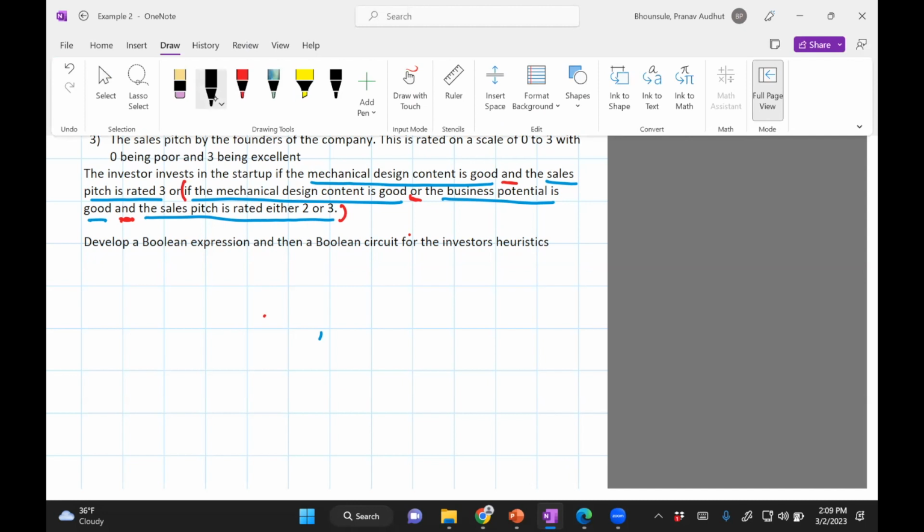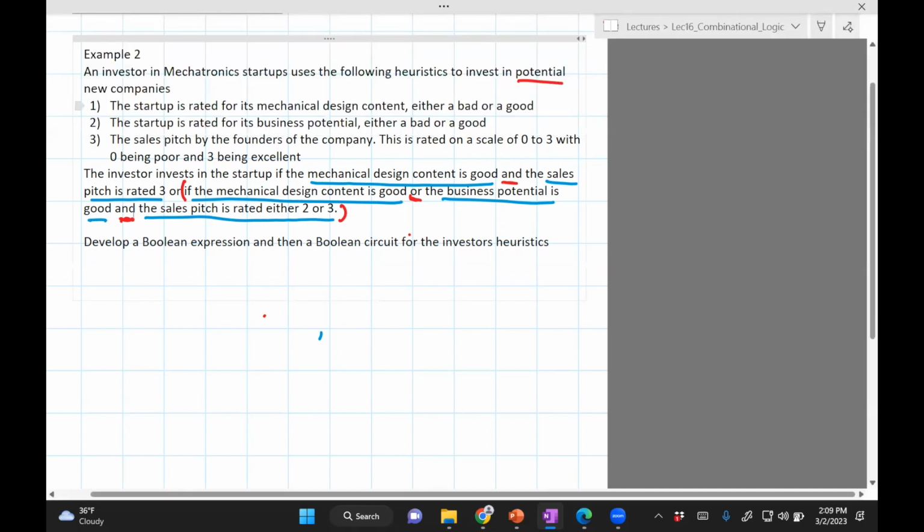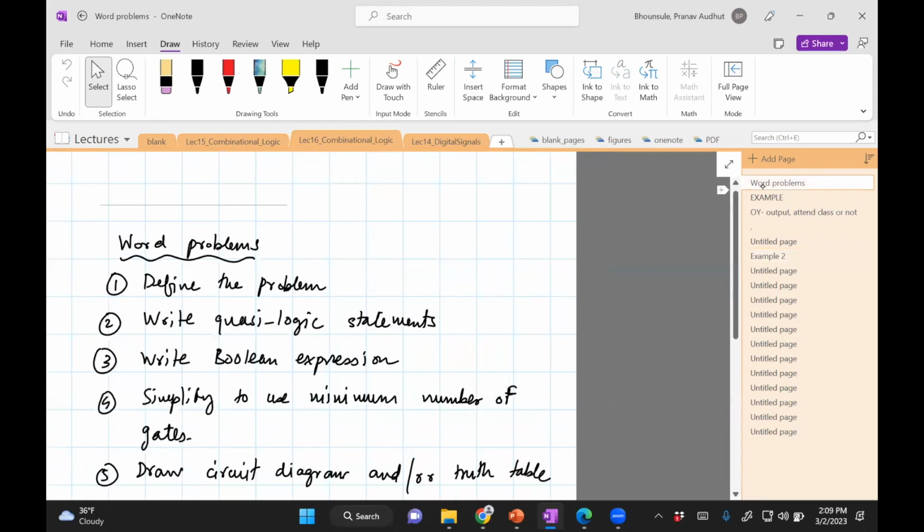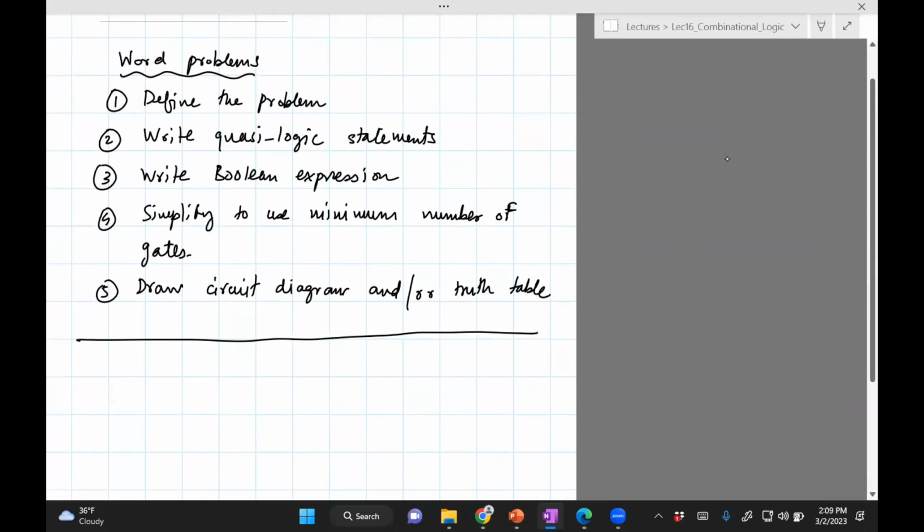So let's dive into the process. We will follow this recipe: define the problem, write quasi-logic statements, write the Boolean expression, and then simplify. The last one is optional, and we've not done it for the previous one: let's just draw the circuit diagram.